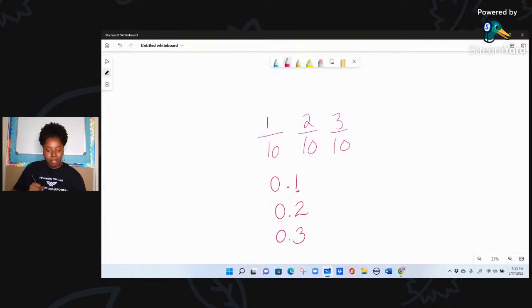So with decimals, you have to know your place values. The first number after the decimal is the tenths place. The second number is the hundredths place. So if there was a 3 here, it would be 3/100, with the TH at the end. But a decimal is just part of a number, another way of writing a fraction. So instead of 1/10, we could write 0.1, which is in the tenths place.